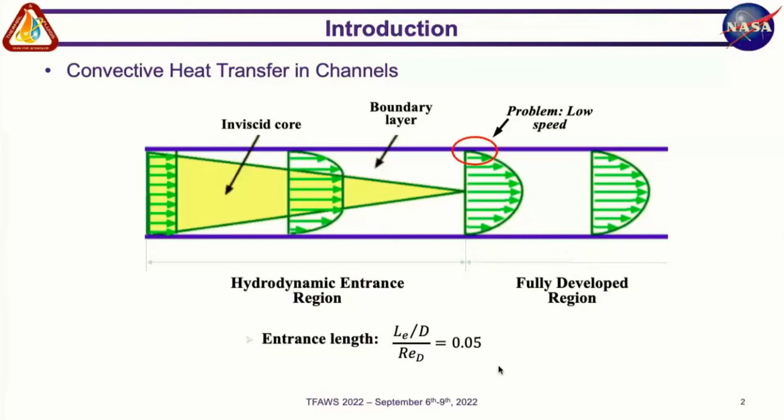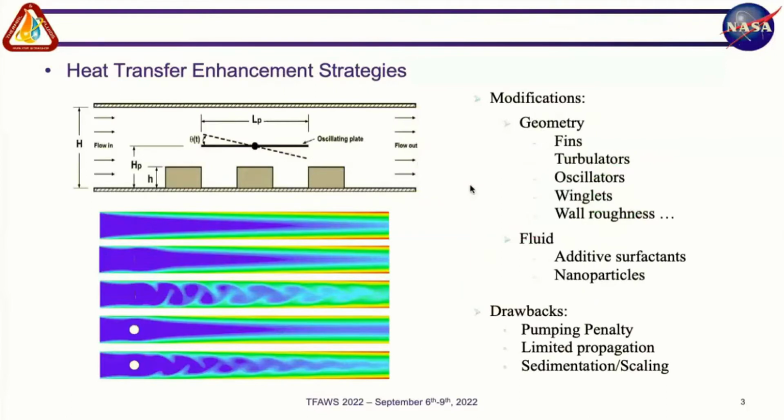We know basically everything that one can wish to know for this class of problems. So our concern then is really how to minimize the effect of the boundary layers that you have near the solid-fluid interface. In terms of heat transfer enhancement strategies, the main idea is essentially to break the boundary layers or to induce a better mixing of the fluid flowing in the channel.